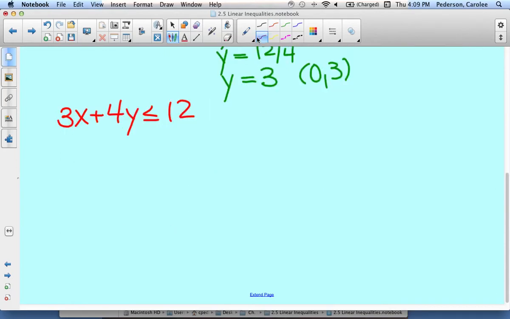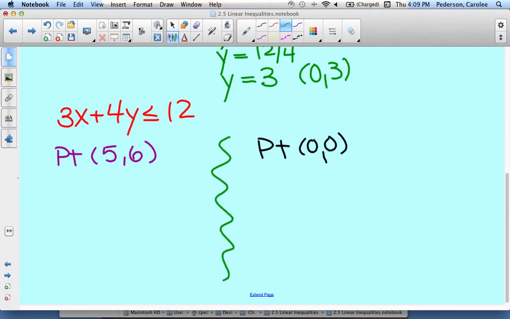My one point was 5, 6, and my other point is 0, 0. We want to find out which one is true. So this is my x, there's my y.